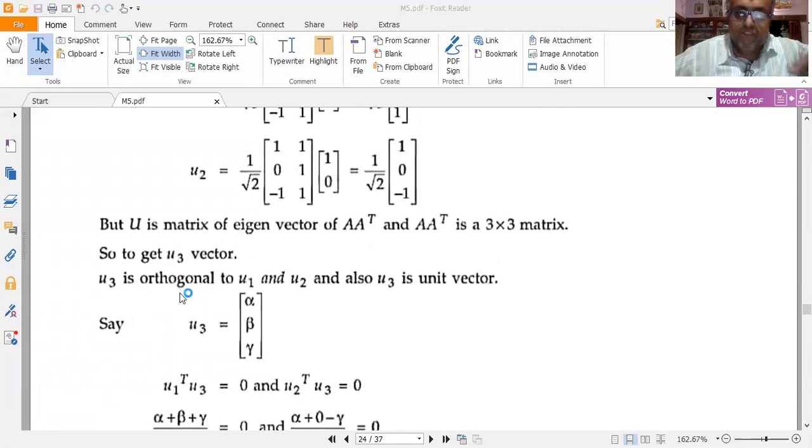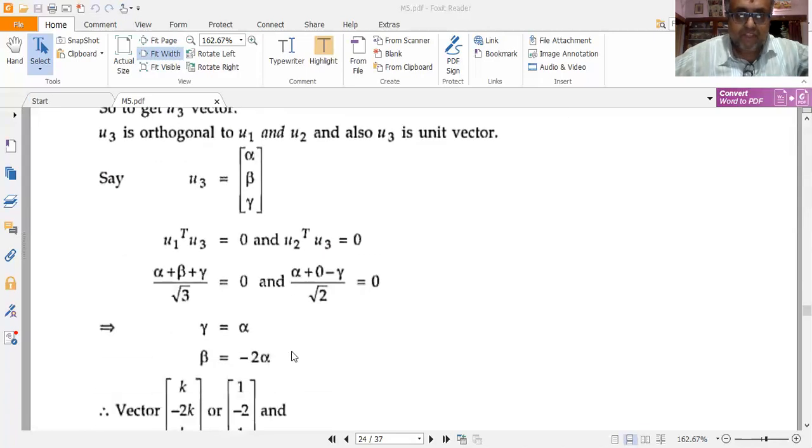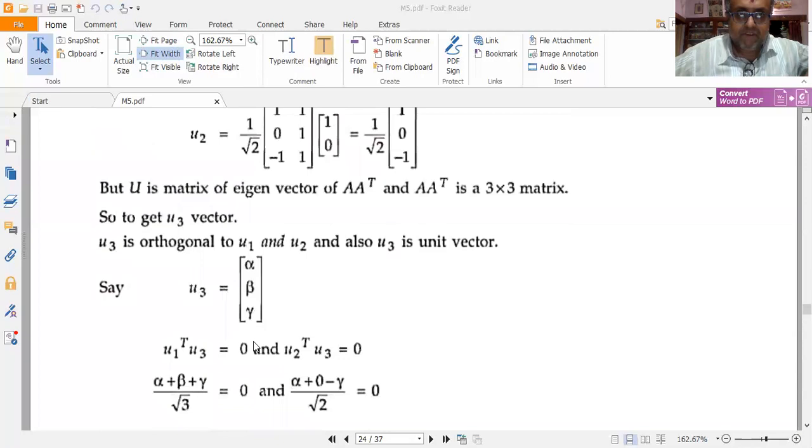So U3 is perpendicular or orthogonal to both U1 and U2, and U3 is a unit vector. So let me assume the elements of U3 as a column matrix consisting of elements alpha, beta, gamma. Now, I shall use the orthogonality conditions.